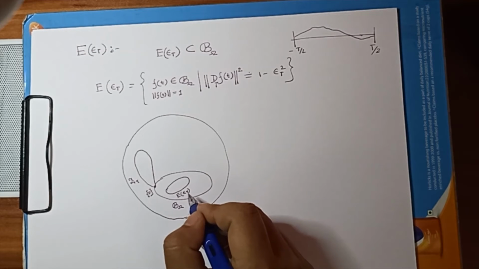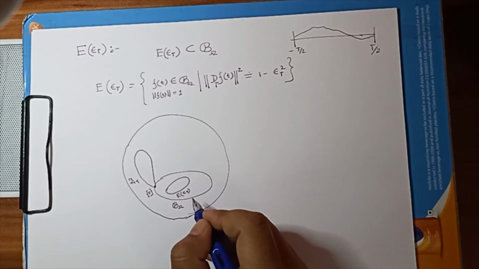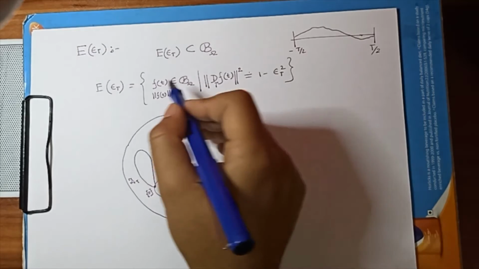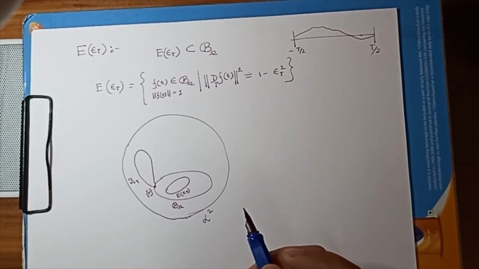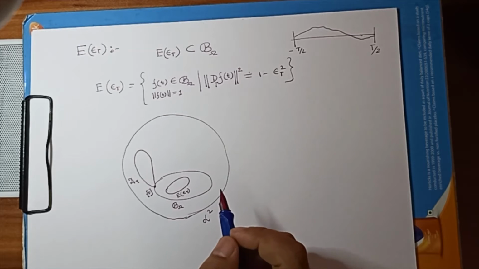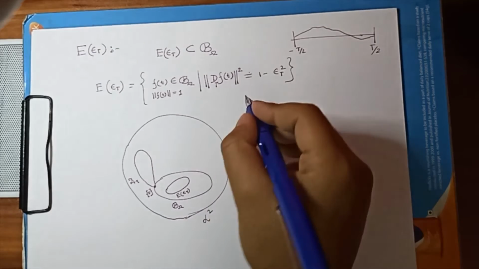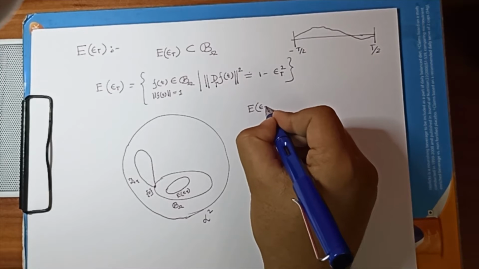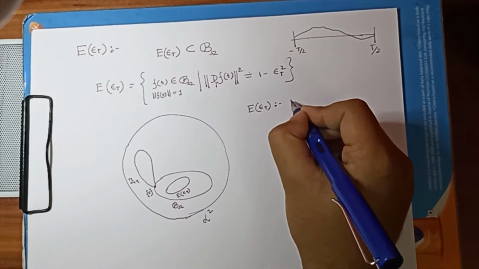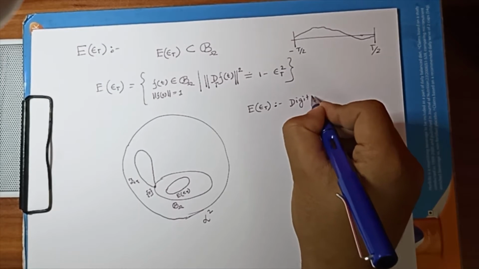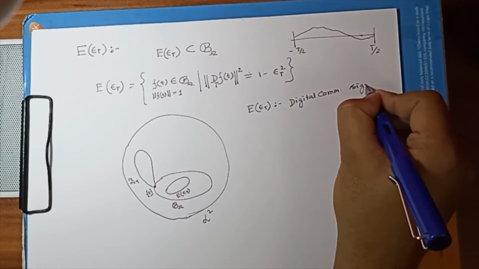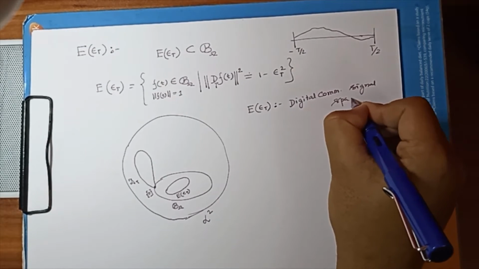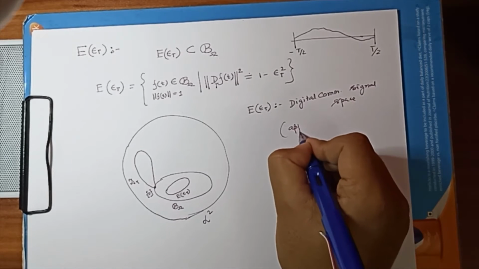Now what I want to show is that this particular space E epsilon T, which will be our space of digital communication signals, is approximately finite dimensional space.